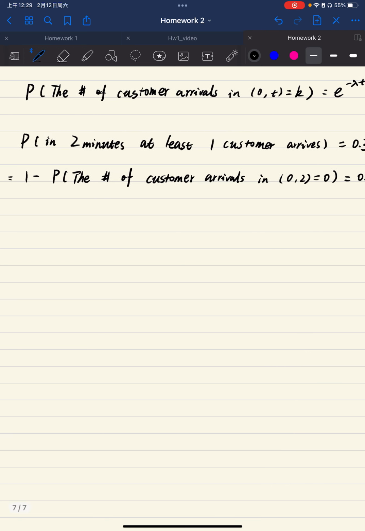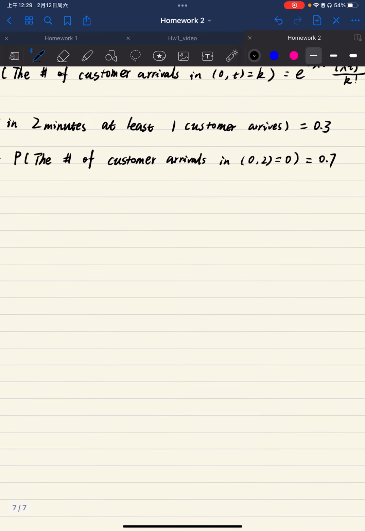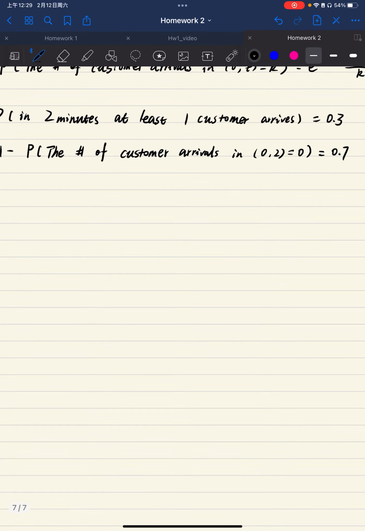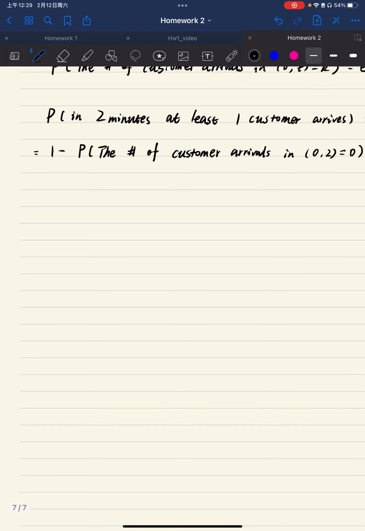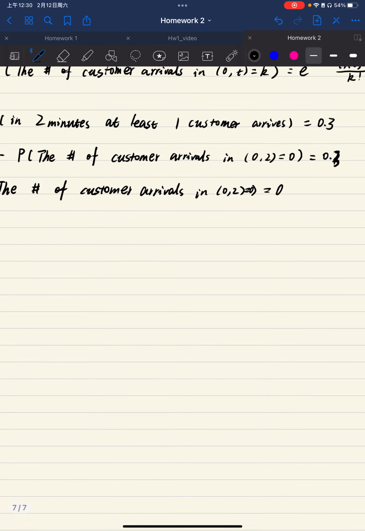Since here we have at least one customer, its complement is no customer arriving in 2 minutes, and this part is equal to 0.3. And now we can have the probability that the number of customer arrivals in 2 minutes equals 0, and this one equals 0.7.